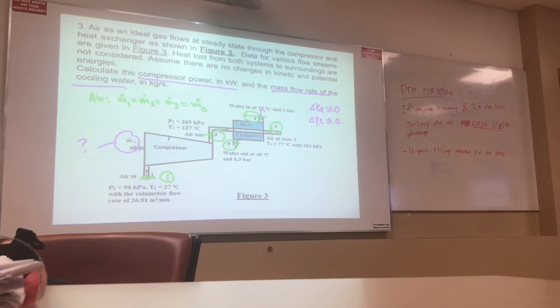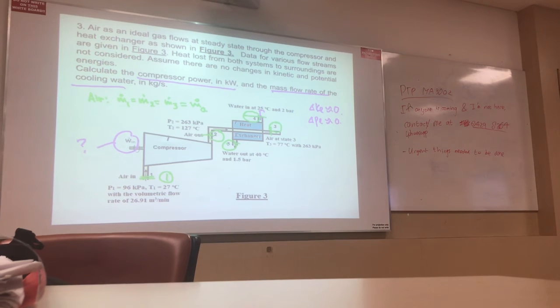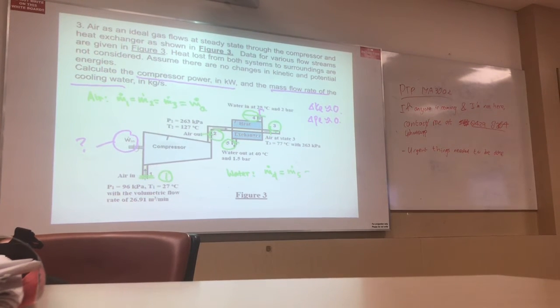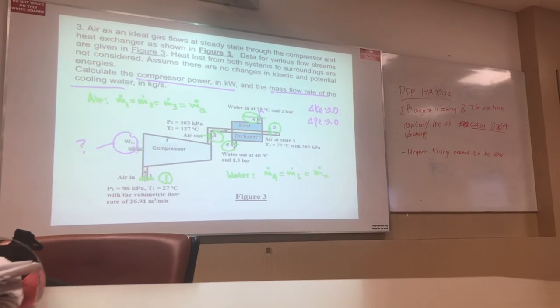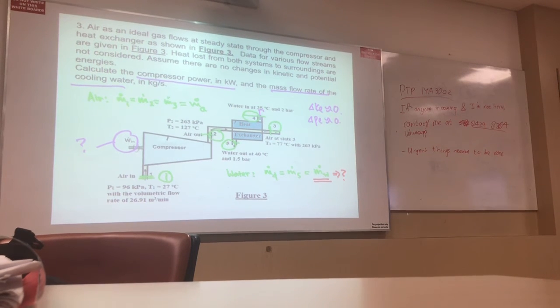For the water, another mass balance: I can write m dot 4 is equivalent to m dot 5, which is m dot water. And you have to find what is this number.